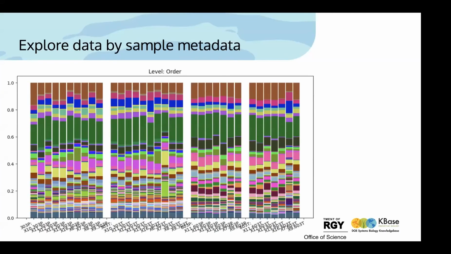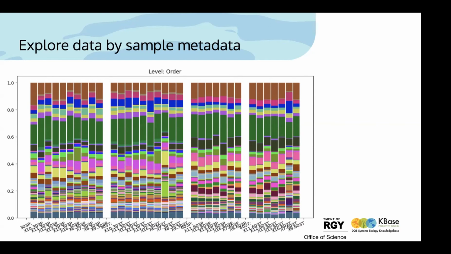Right. So one of the things you can do is explore the data by looking at the sample metadata. So this is a collection of samples that I took through time at 4 different wetland locations. And so here I have divided up my OTU analysis by those sample locations. So you see the 4 separate entities.